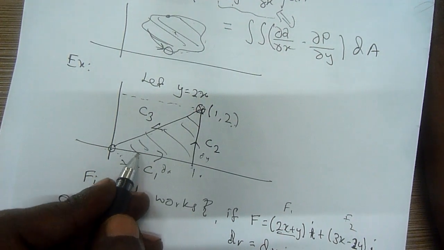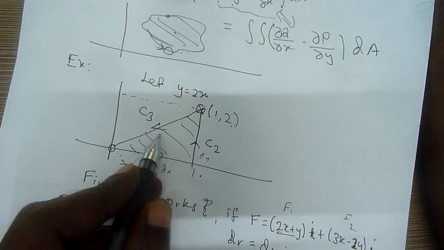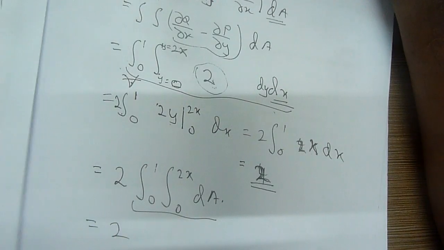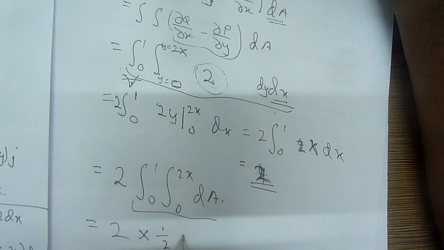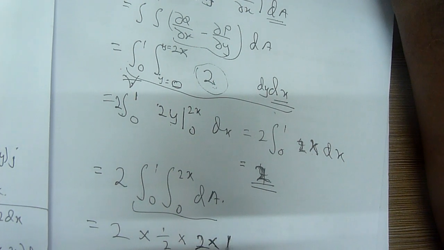Easy, right? I can use the simple area calculation of the rectangle. Calculate the height and length, which is 2 times with the 1. Okay, this is a rectangle calculation.